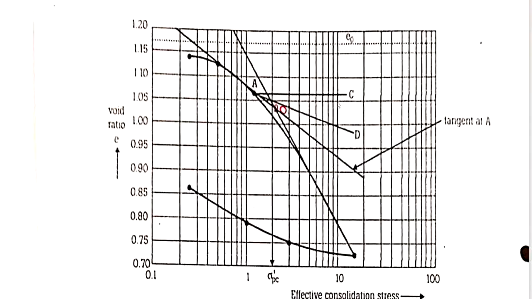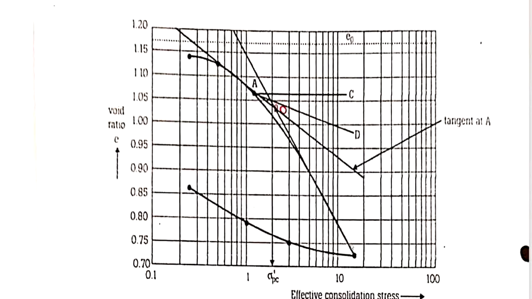Next, I have two lines, that is AC and the tangent. The bisection line should be at the center of these two lines, so it should divide these two lines equally. So the bisection line AD I have drawn.